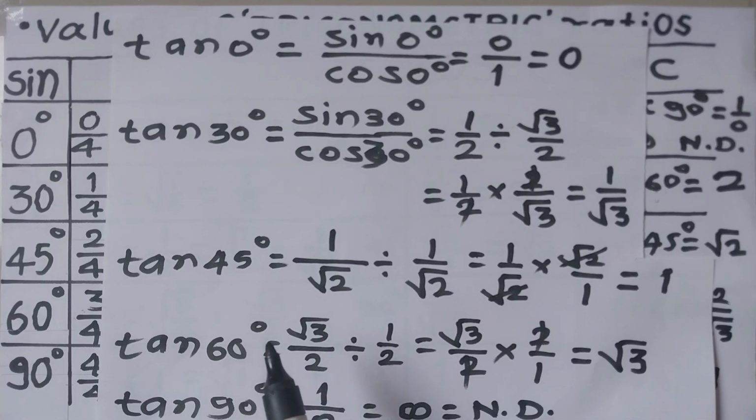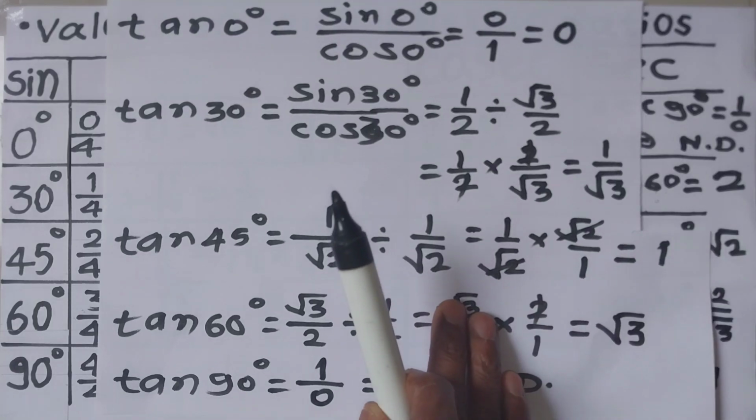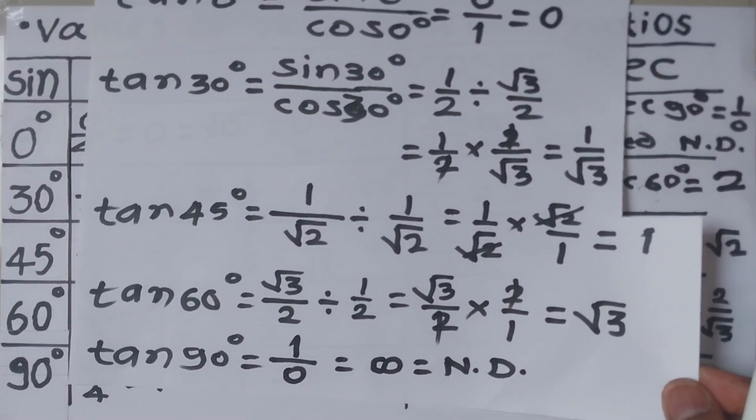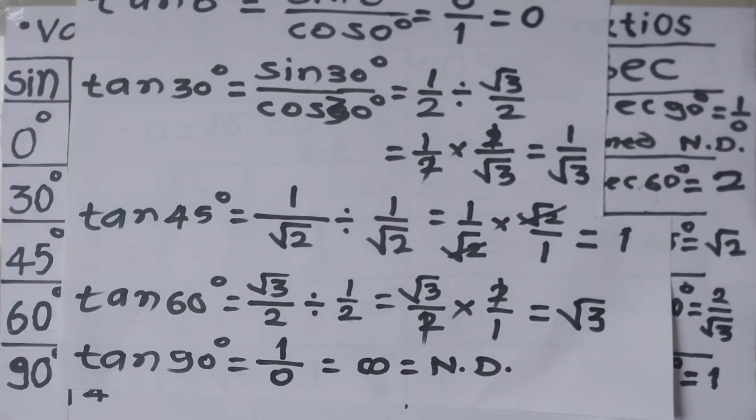Then tan 60 degree is equal to sin 60 degree upon cos 60 degree, and tan 90 degree is equal to sin 90 degree upon cos 90 degree. This way we will find out the values of tan 0 degree, 30 degree, 45 degree, 60 degree and 90 degree.